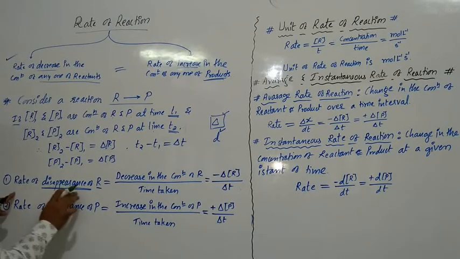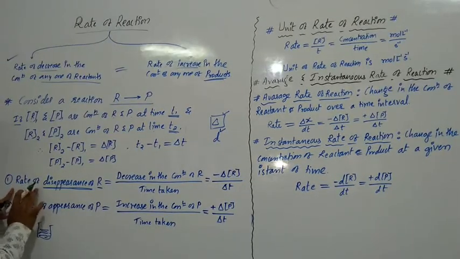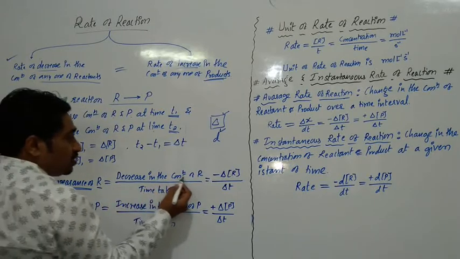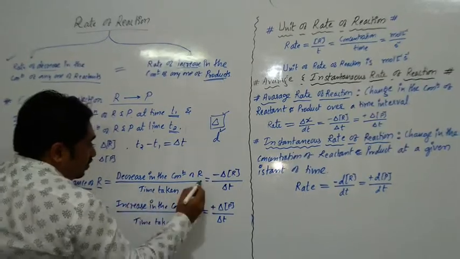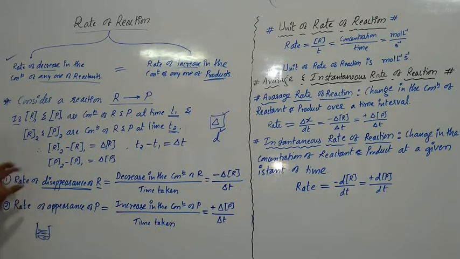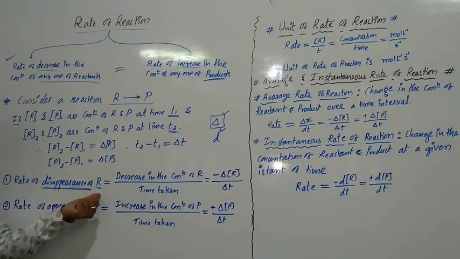The rate of disappearance of R, the rate of decrease of R, is equal to the decrease in the concentration of R divided by the time taken. So if I want to calculate rate of reaction, I can calculate it by the rate of disappearance of R, the rate of disappearance of the reactant.